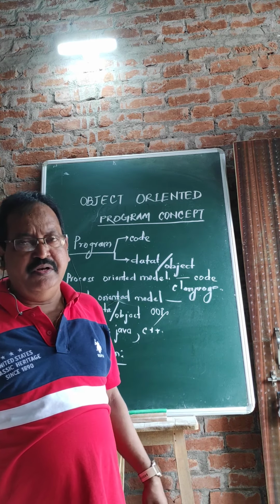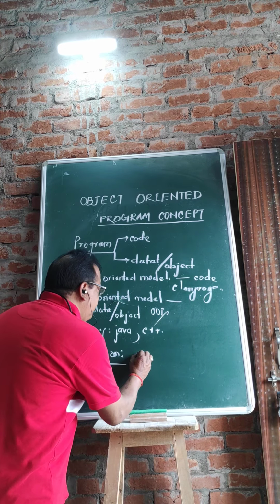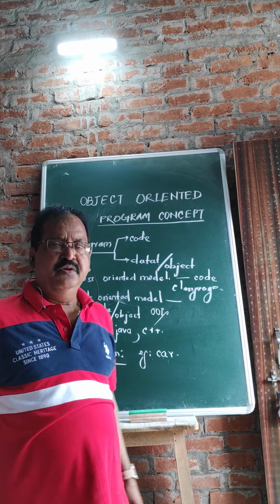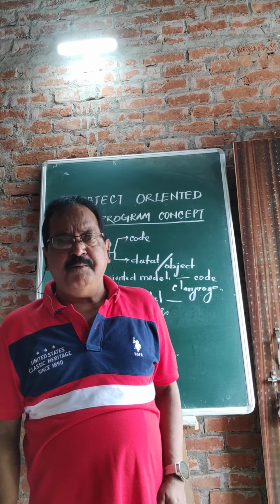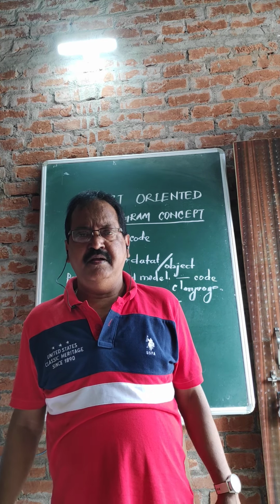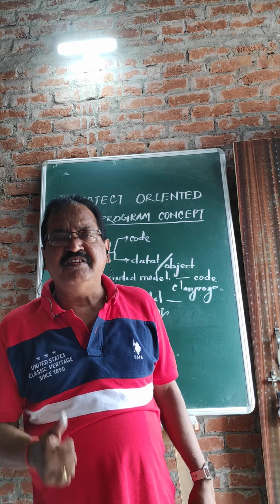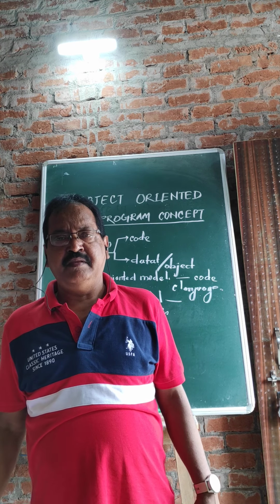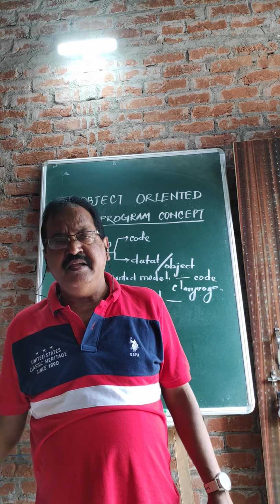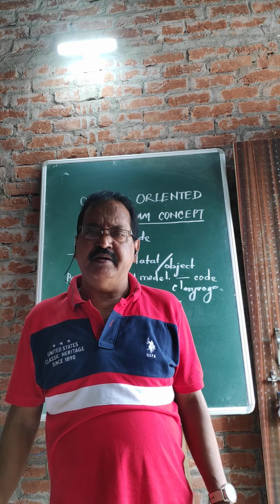Let me give you an example. Let us take an example of a car. Students, you know a car is a very complex machine consisting of thousands of parts. But abstraction makes it a single unit. Hence, the driver needs to know only how to drive and he is able to use the equipment.